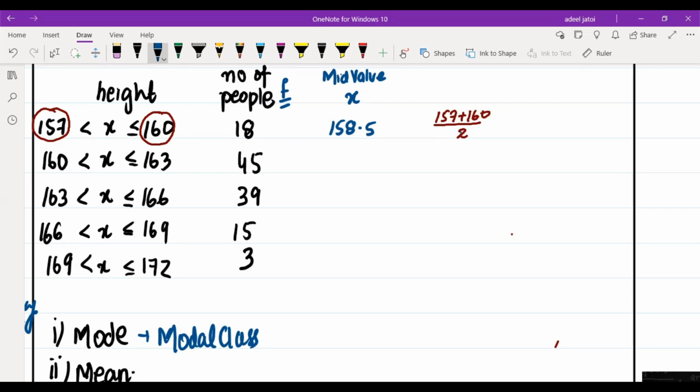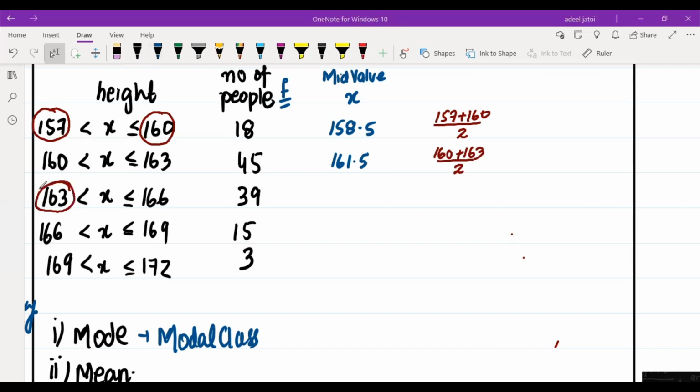Then for the other part, it will be 160 plus 163 upon 2, which is 161.5. So each time you make sure that your upper value and lower value are taken into consideration.